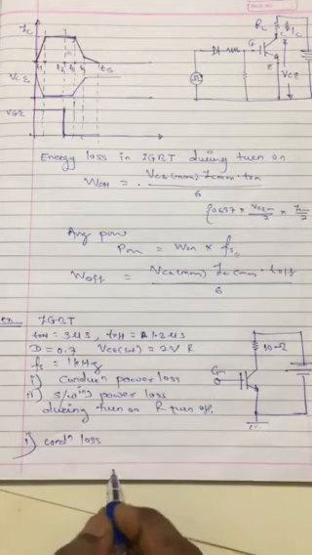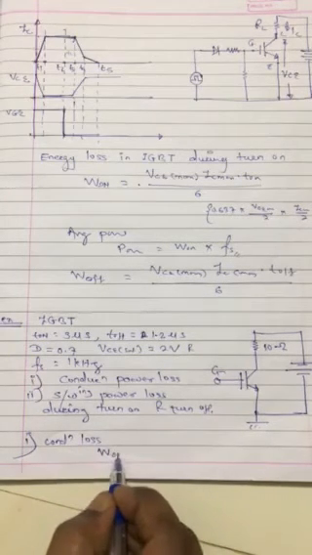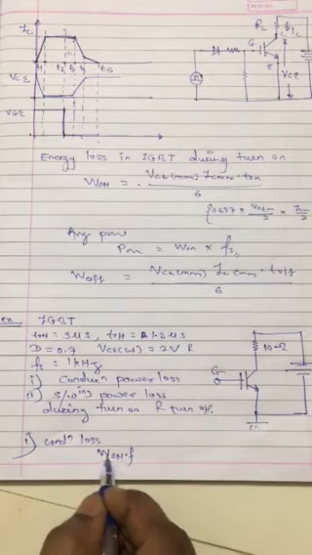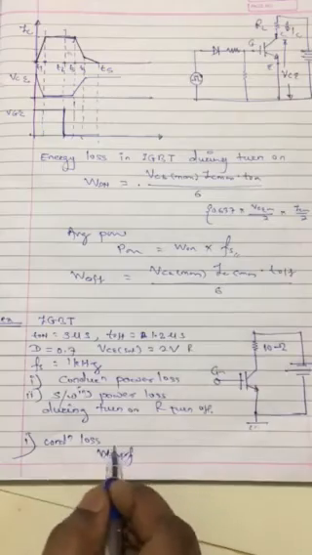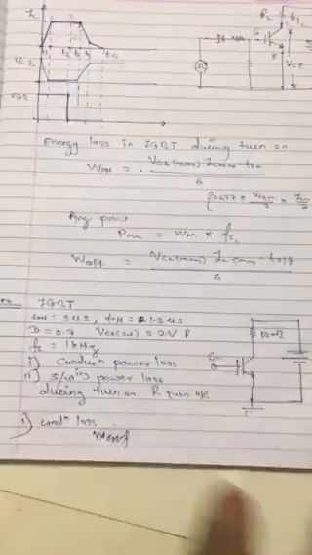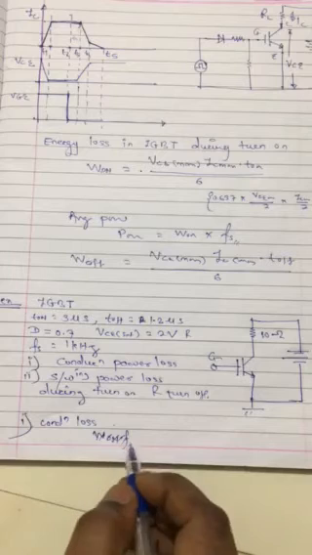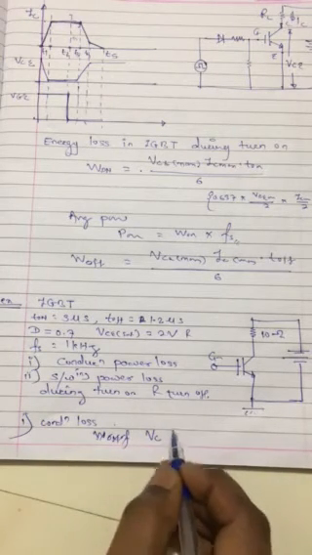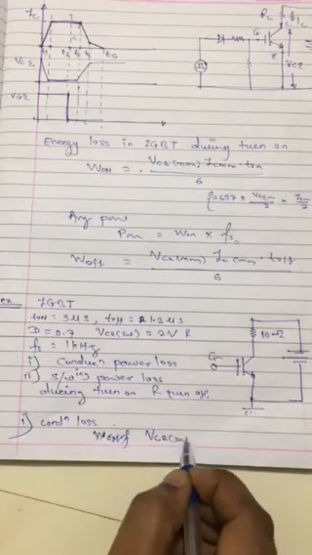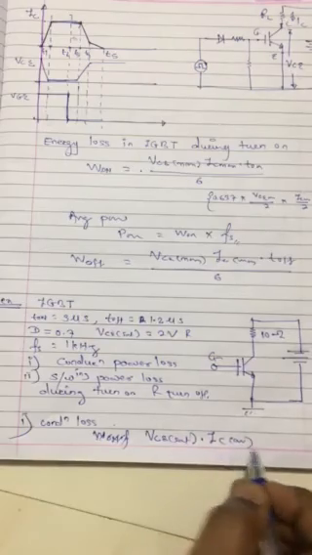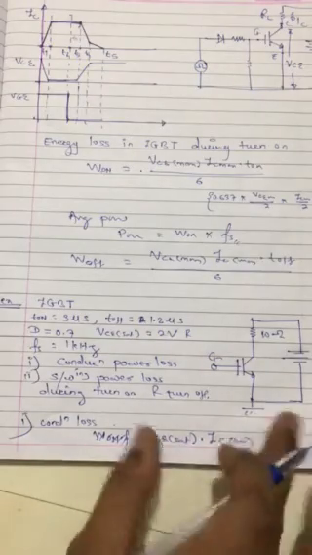It is given by W_on into Fs. Okay, sorry, conduction loss is not W_on. Conduction loss is simply the loss during the duration when your device is conducting. So it is simply voltage into current. So conduction loss equals the voltage at the time of conduction, which works in the saturation region, so VCE saturation, into the average current, so I can say IC average.